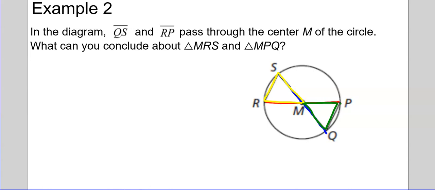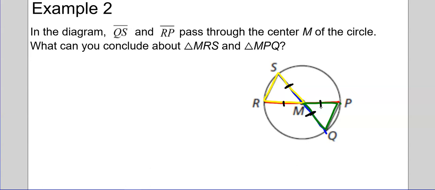Well, let's see what we know. We know that MS and MQ are equal to each other. We also know that RM and MP are equal to each other. Not only that, all of those segments are equal to each other because they're all diameters of the circle.